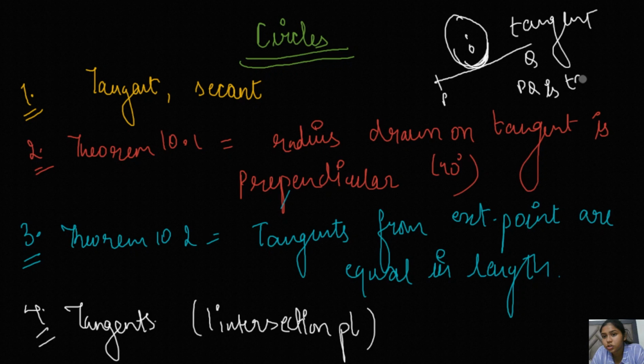I hope you understand what a circle is, what the tangents are, and what the theorems are. It is just a very small chapter, and in our upcoming classes we are discussing mensuration, and in geometry we are also left with the construction part. Then we are going to study something very new, trigonometry.